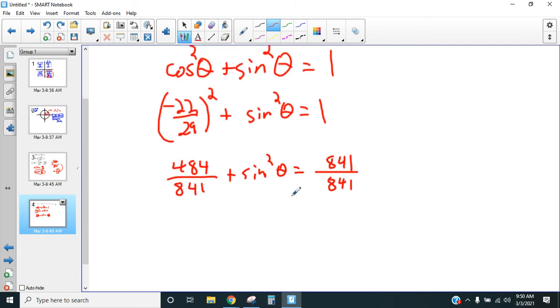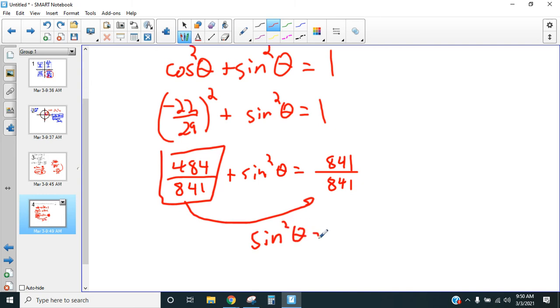So anyway, let's subtract now, because we got to move this whole thing over there. Okay. So we're just subtracting the top part, right? We're leaving the bottom alone. What'd you get one more time for me? 357. Thanks for your help.